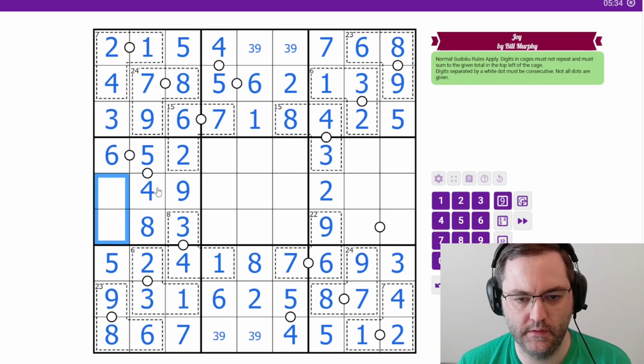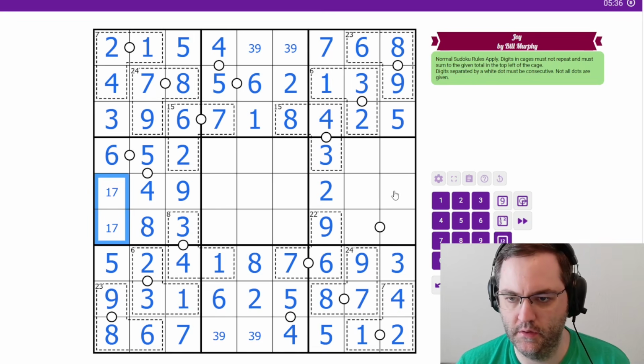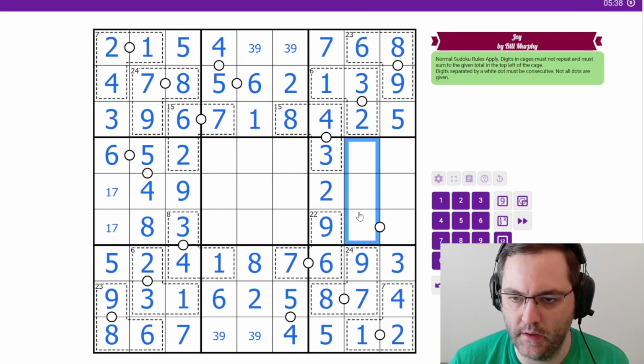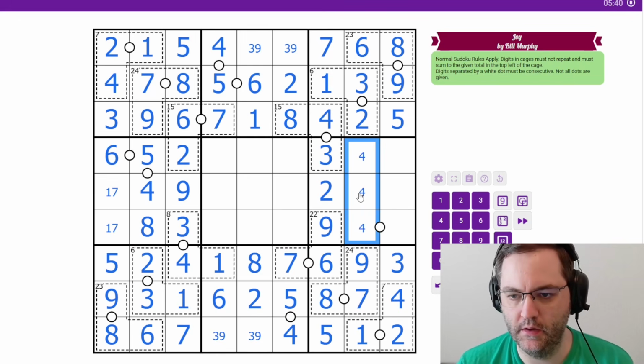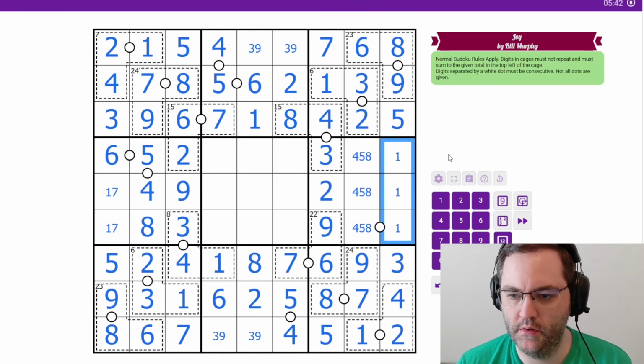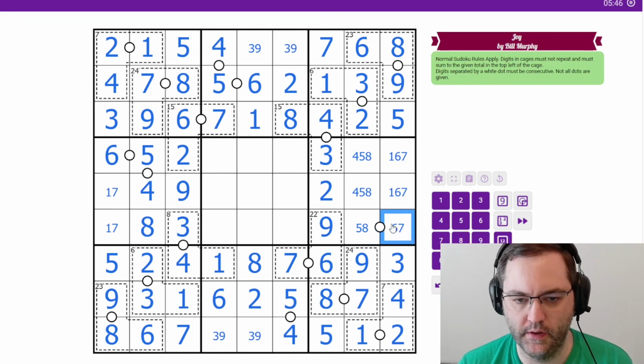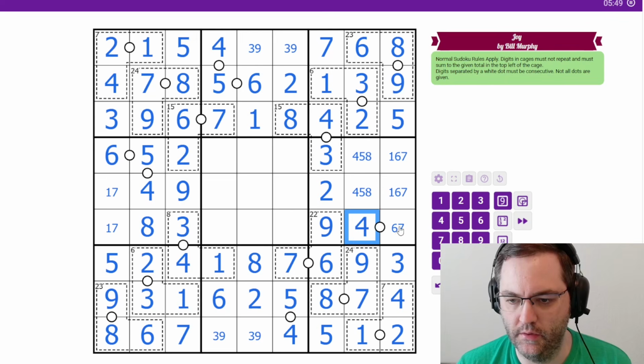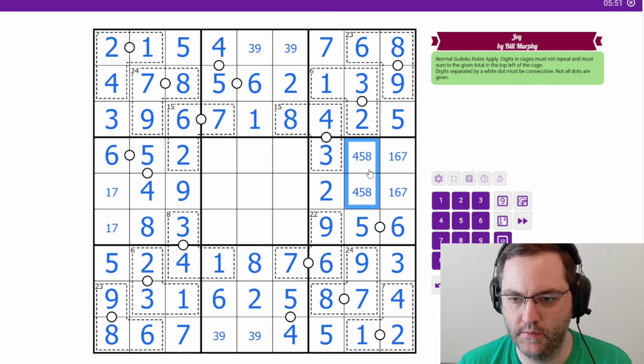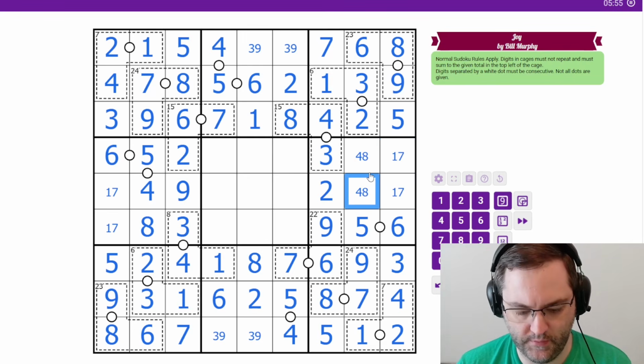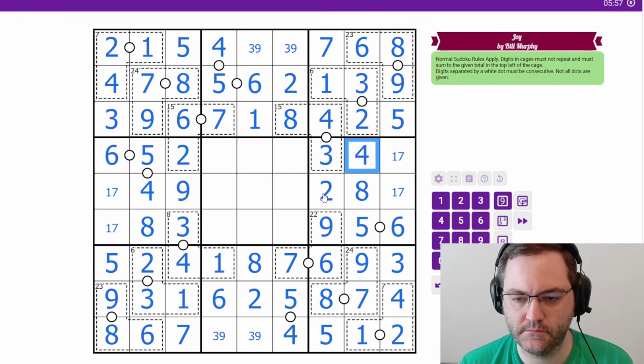And this was 8. 1 and 7 here. Come back to that. 4, 5, and 8 here. And 1, 6, 7. So 4 is not consecutive with these, 1 is not consecutive. And actually we have an 8 in the row, so that's going to give us 5, 6. The 4 resolves 8 and 4.